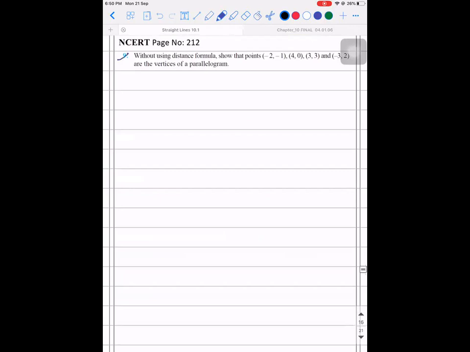Without using the distance formula, show that the points (-2, -1), (4, 0), (3, 3) and (-3, 2) are the vertices of a parallelogram. So what will happen in a parallelogram?